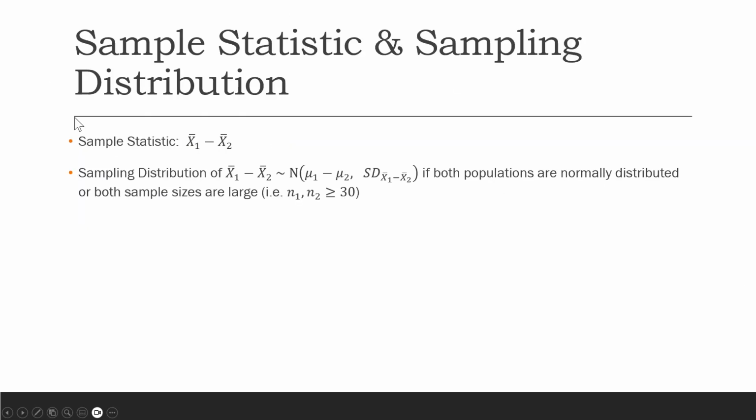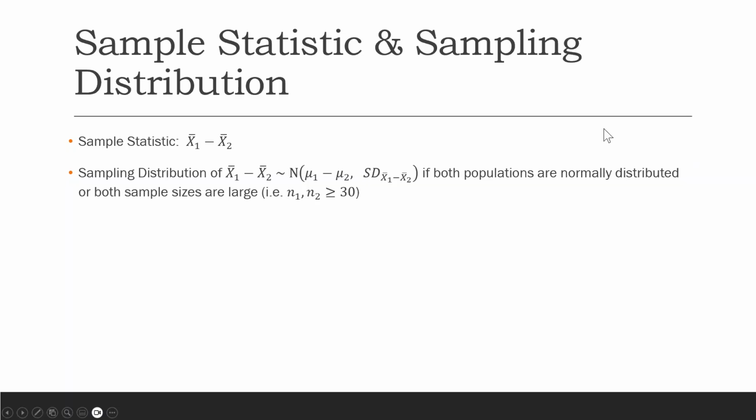All right. But our sample statistic in these scenarios is the difference in those sample means. These directly align with the way our alternative and our null hypothesis can be written. And if both populations are normally distributed, or by the central limit theorem we have large sample sizes in both samples, then the sampling distribution of the difference in our sample means is going to be approximately normally distributed.